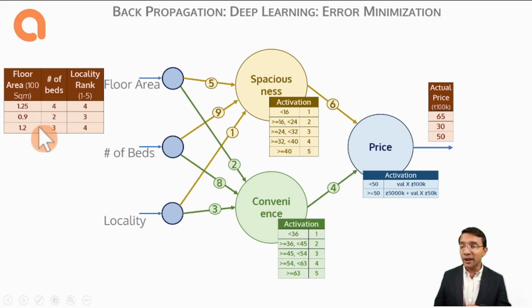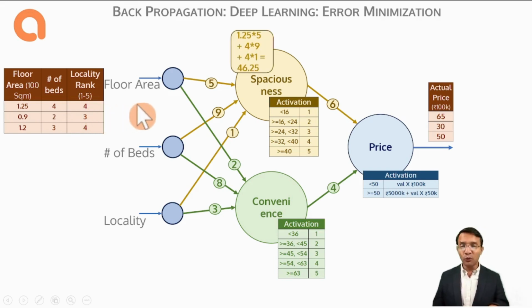Hence, for the first house with this floor area and 4 bedrooms and in a locality of rank 4, we get the spaciousness factor of 1.25 multiplied by this coefficient, which is 5, plus 4 multiplied by this coefficient, which is 9, plus locality rank, which is 4, multiplied by this coefficient, which is 1.